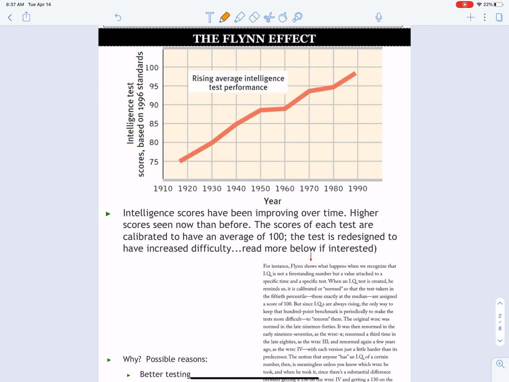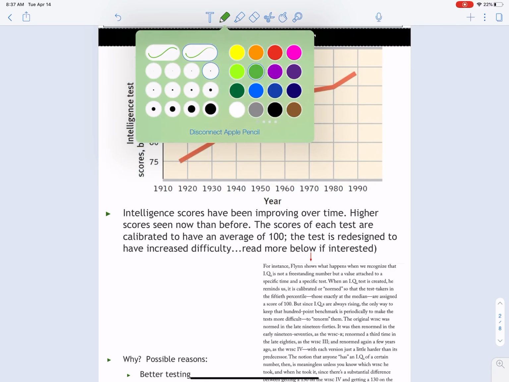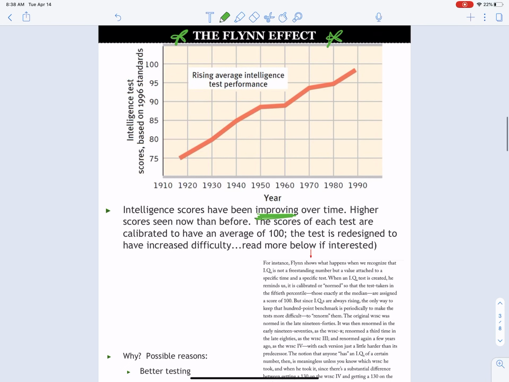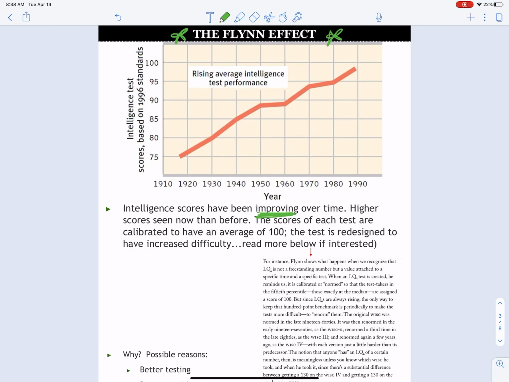Okay, so this is a really important topic, the Flynn effect. Over time, scores on intelligence tests have been improving, meaning that about every 10 years, the average on the IQ tests was about 3 points higher than the decade before. So what has been happening, Flynn was the researcher who came up with and acknowledged this effect, and it's called the Flynn effect.